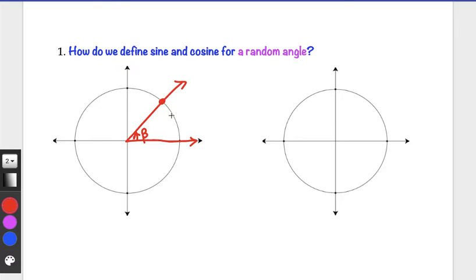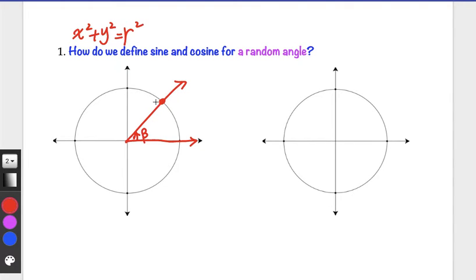As you can see, I draw a random circle here. And this random circle has its center at the origin of the coordinate plane, which is (0, 0). So the circle has the equation x squared plus y squared equals r squared.